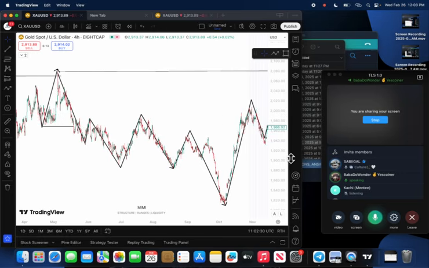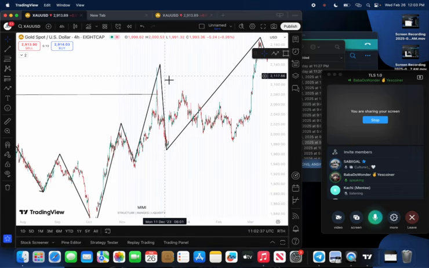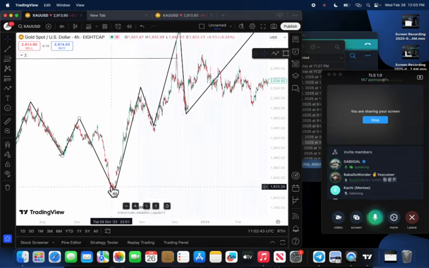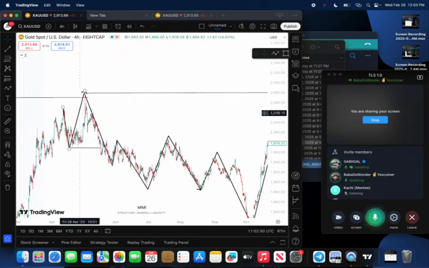This place, this first one after the change of character, is it a valid bearish one? No, where you started from. Just move it to where you started the chart from. This thing here.